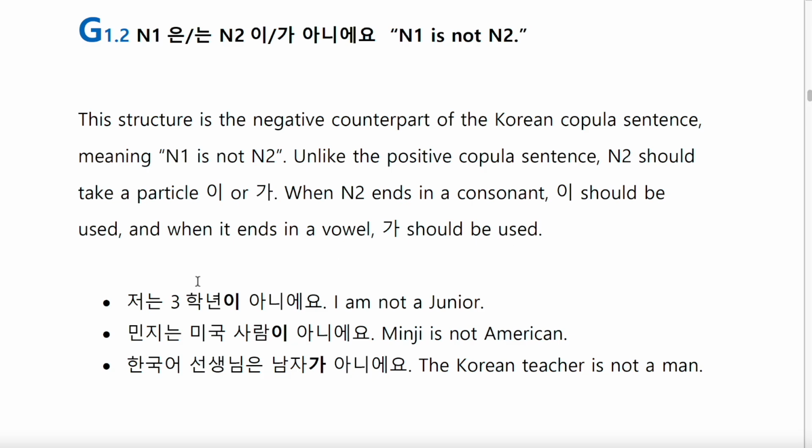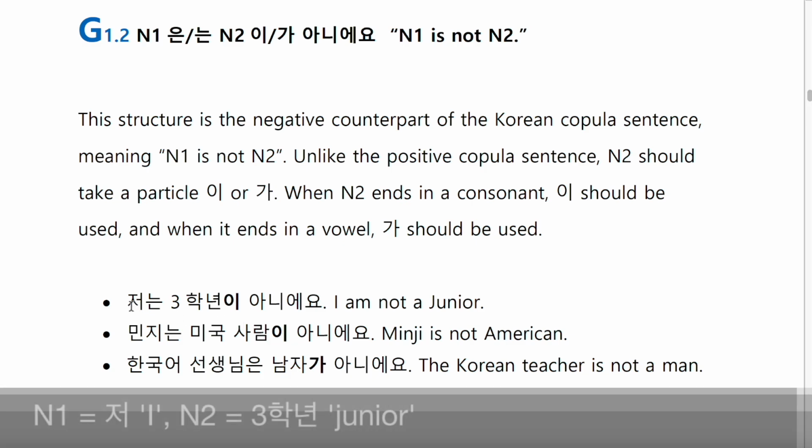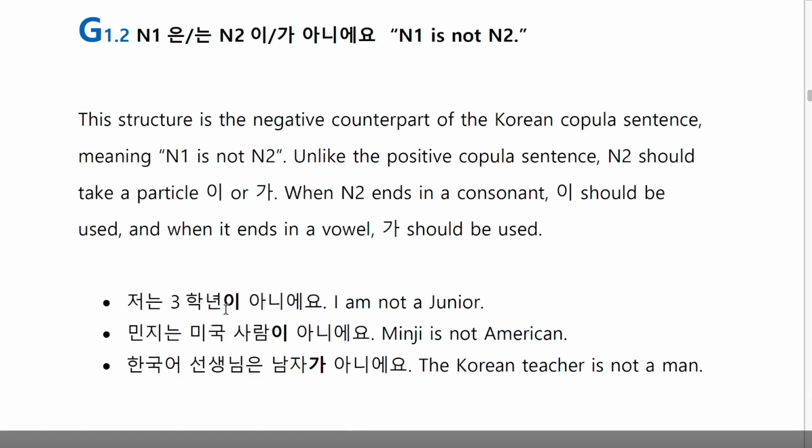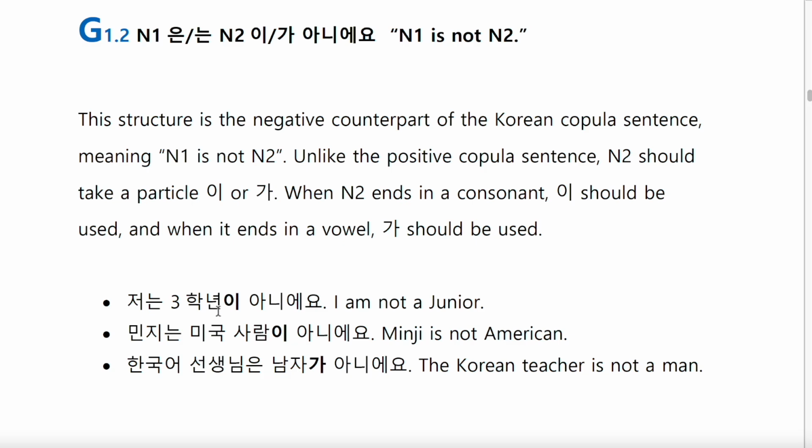여기를 보시면은요, if you take a look at this part, 저는 3학년이 아니에요. 그랬죠? So, N1 is 저, 그렇죠? I. 3학년 is N2 here, and the last syllable has a consonant here. 그렇죠? In this case, we need 이.